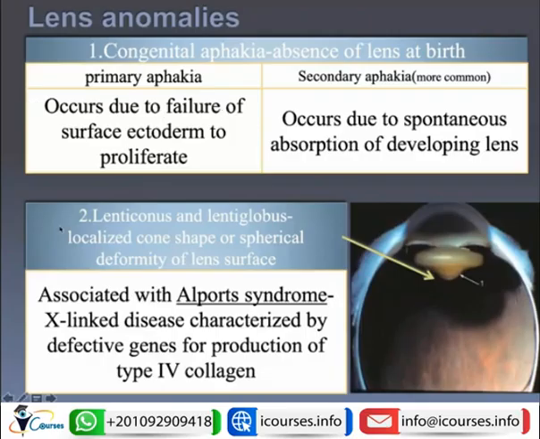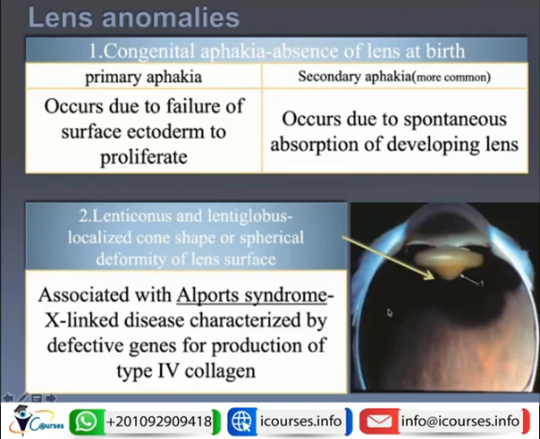This touch will induce the formation of lens. If there is no touch between the surface ectoderm and the optic vesicle, there will be no lens. However, as I told you, there will be a secondary aphakia. It's more common, and it occurs due to spontaneous resorption of the already developed lens.